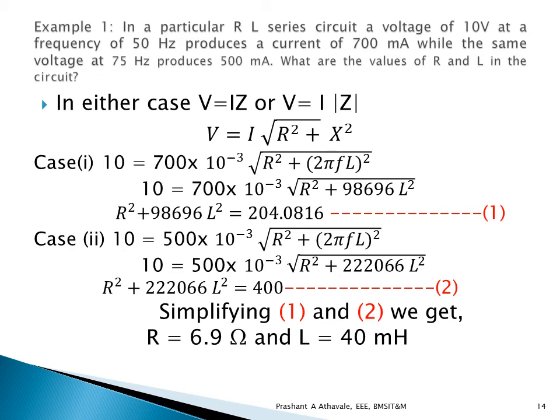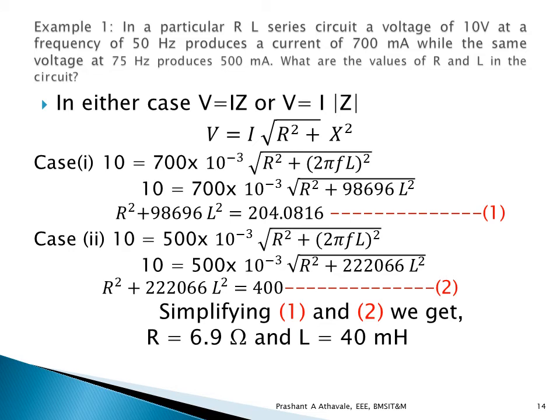Say 10 is equal to, in either case the voltage is still 10 volts, that is not changing. So 10 is equal to 700 milli into the square root of R square. Why is it R square? Because the R value is not known. That is what we want to determine now. Therefore it is written as R square only, plus XL, which is nothing but 2 pi f L.